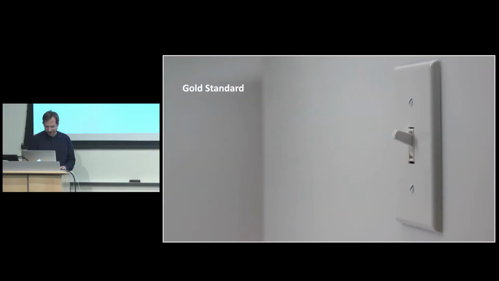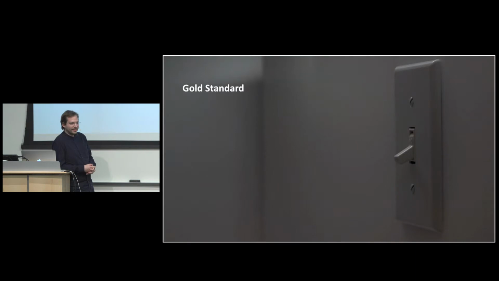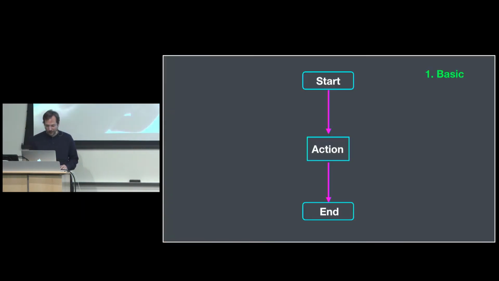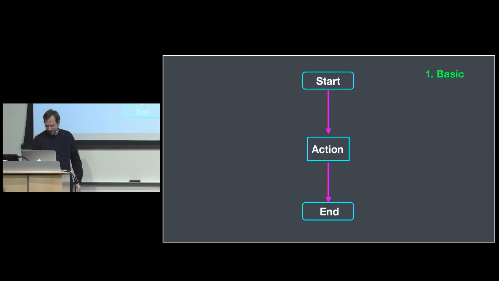So I just want to bring up the gold standards of simple user interfaces and the most simple program, because the same light switch and the light you can represent with an action that is a start. It initiates the action of turning the light on or off and stops the program, and that's already a program. A light switch is a function and a light.